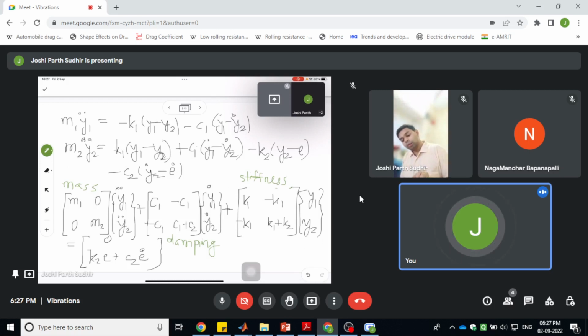And the terms on the right hand side are the external forcing. So the system is subjected to some forced vibrations because of being in contact with the road.